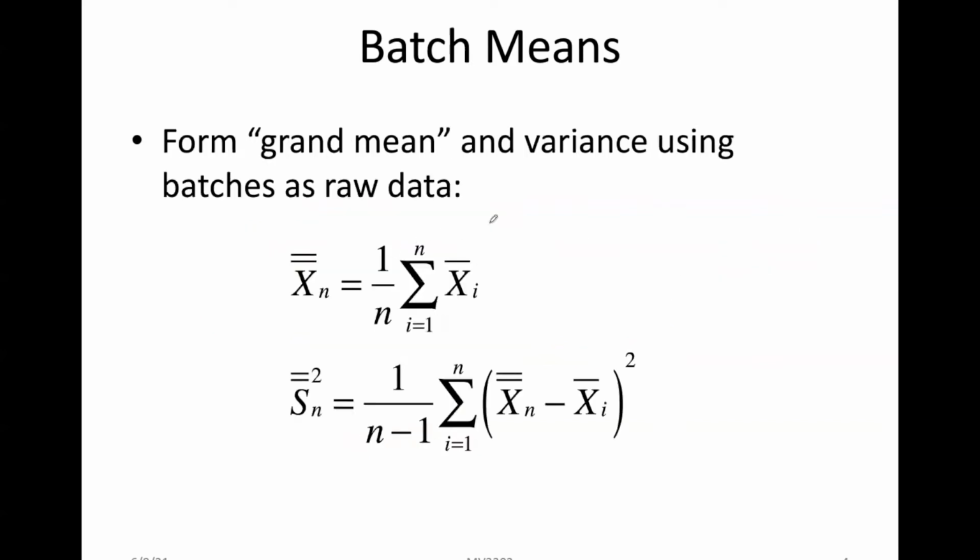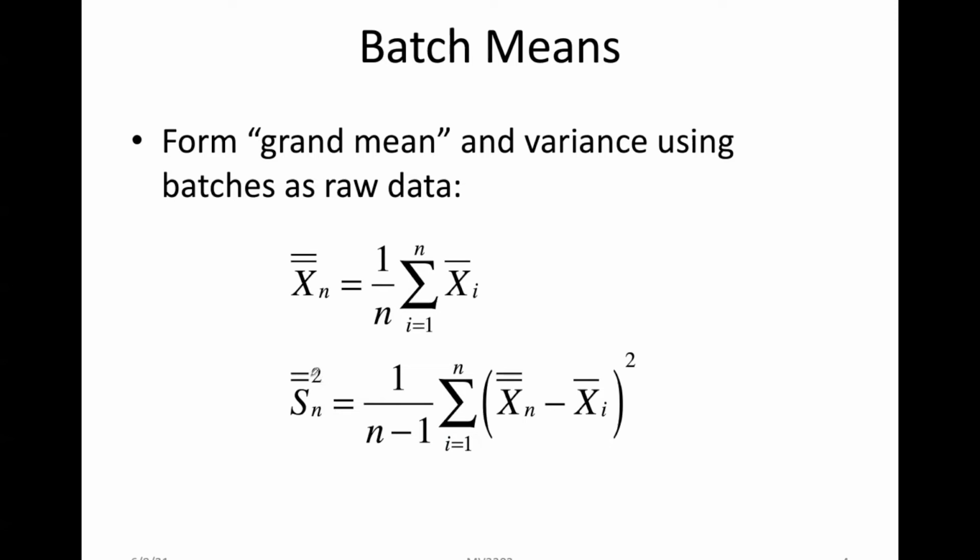And so to form our estimate, we take our grand mean, that is the mean of the means. So X double bar is just the mean of the X bars, and there are N of those because we have N batches.